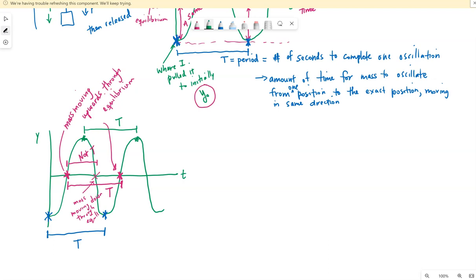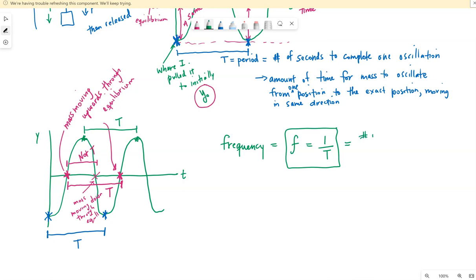Another term you're going to see and work with is frequency. We use a lowercase f for frequency. It is simply 1 over the period. So if period is how long it takes for an oscillator to go through one oscillation, then frequency is the inverse of that.